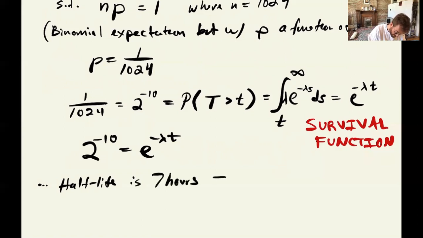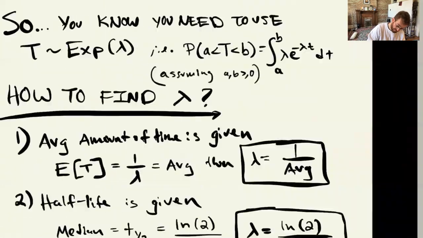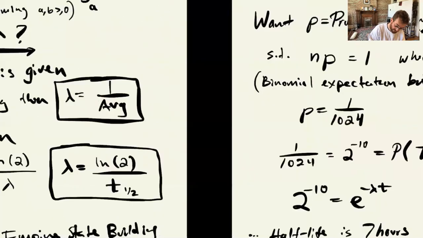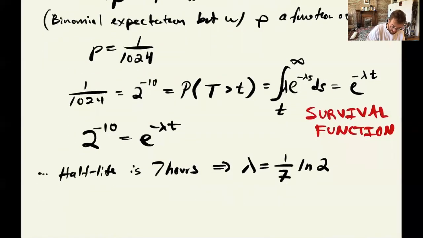So this means that lambda equals 1 over 7 times the natural log of 2. Because if we go back over here, we divide by t1 half. t1 half is 7 hours. So I'm just going to keep that out front because it's going to make it look a little more suggestive.